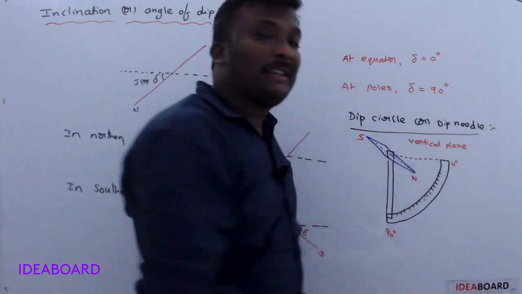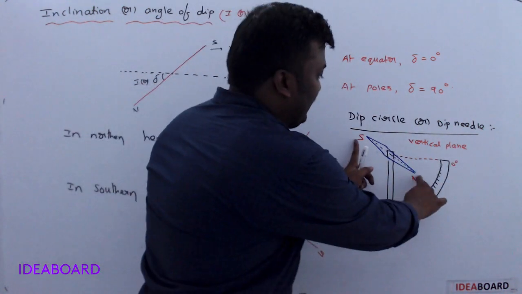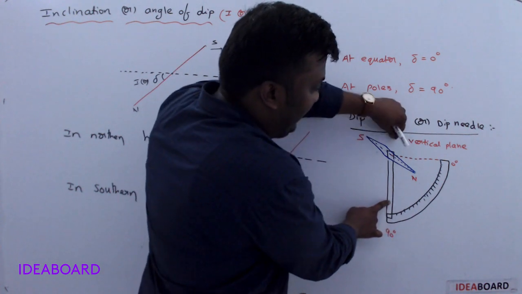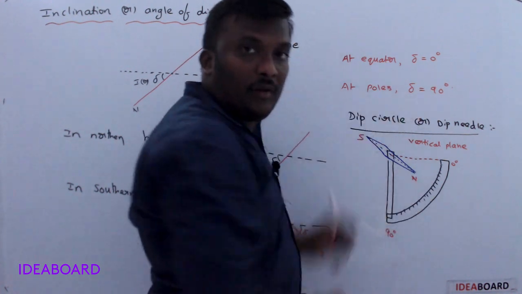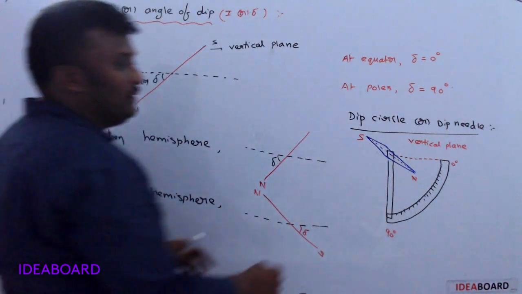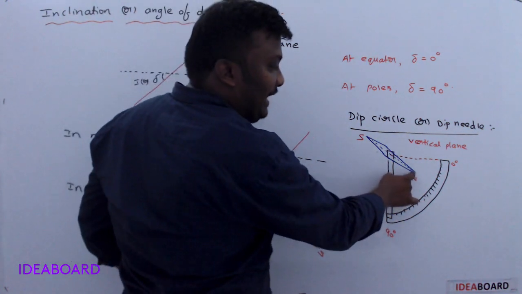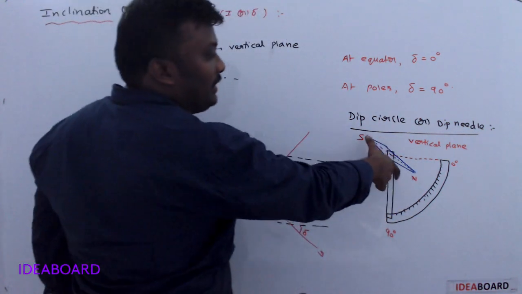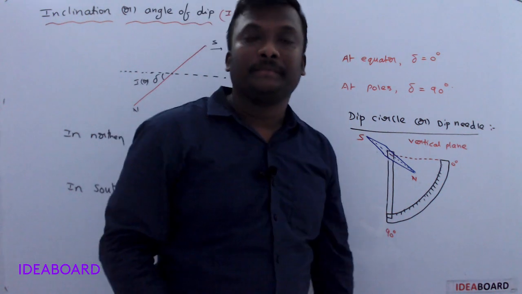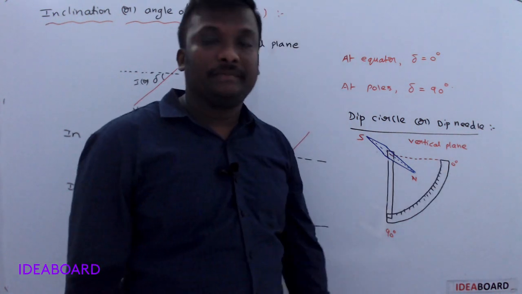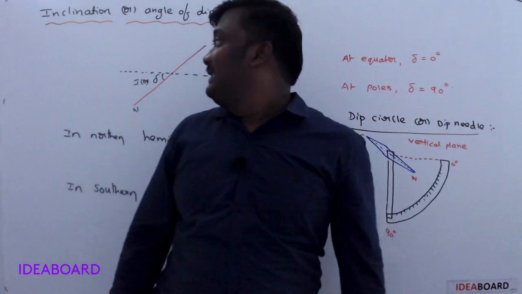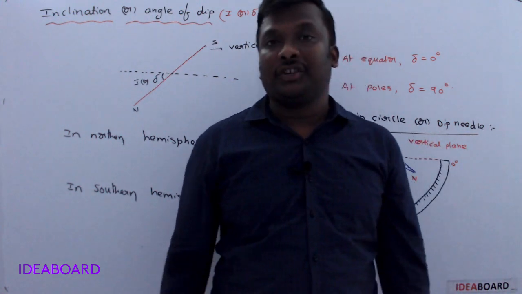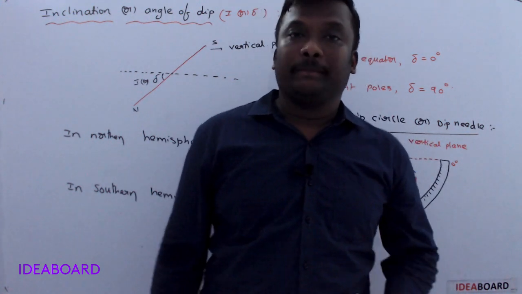If you place this dip circle at the poles, this compass needle comes in the vertical direction in this way. In the northern hemisphere, it makes an angle, the north pole comes down like this. In the southern hemisphere, the south pole makes an angle with the horizontal direction. Understand? This is about the inclination or angle of dip.